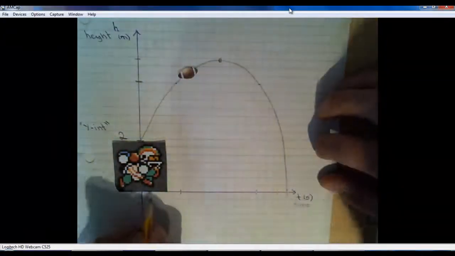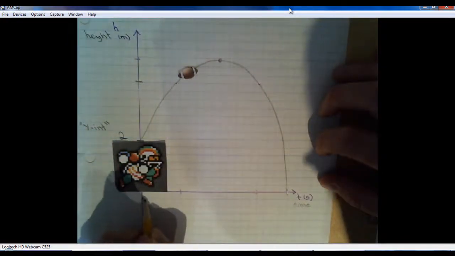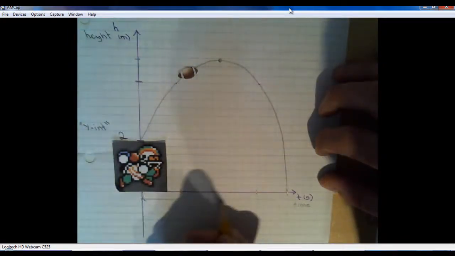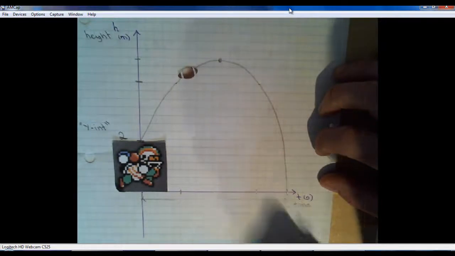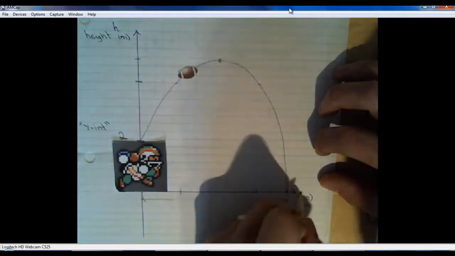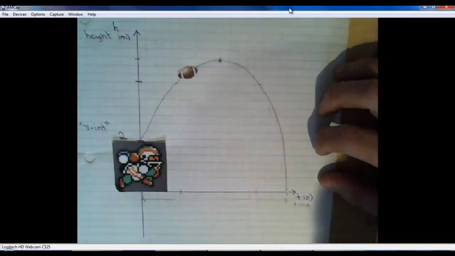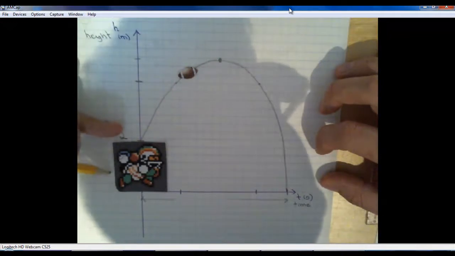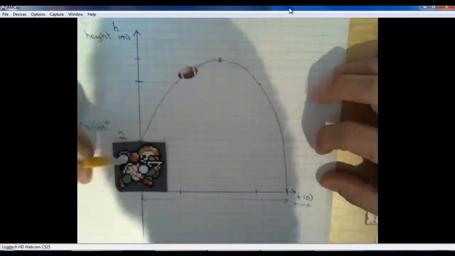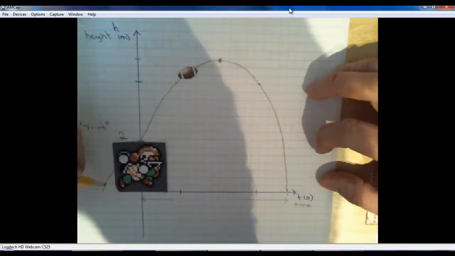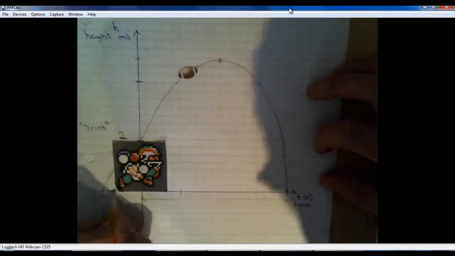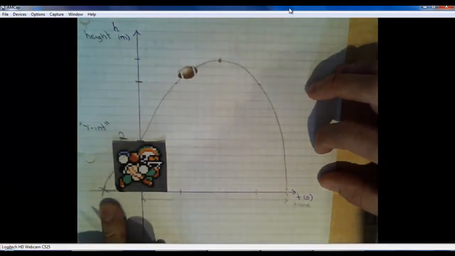It's incomplete. It lands over here, and this is how long it was in the air, from here all the way to here. So this point right here crosses the t-axis, and if you could imagine over here, this parabola, the path of the football, would cross the time axis over here, but over here that would be negative time, and that just doesn't make sense.